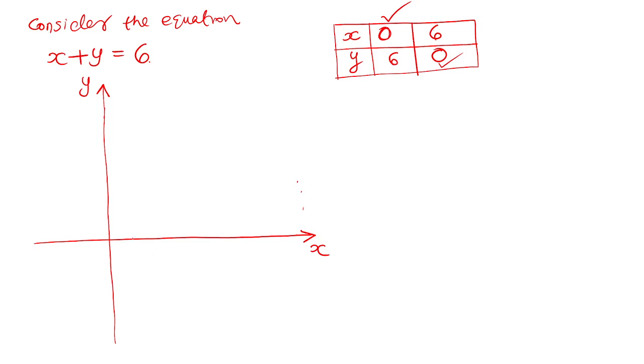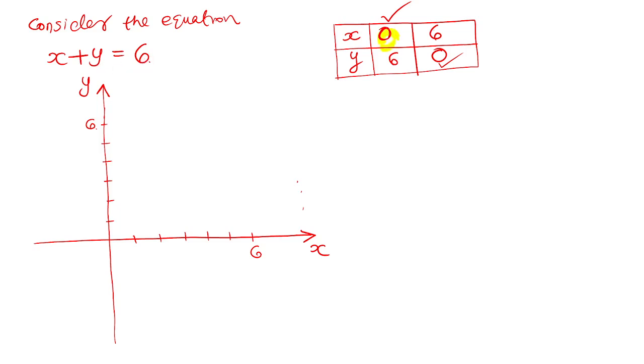On the graph sheets, there are numbers like 1, 2, 3, 4, 5, 6, 7, etc. On the y-axis, there are numbers like 1, 2, 3, 4, 5, 6, 7, etc. So, drawing the graph of x plus y equal to 6.